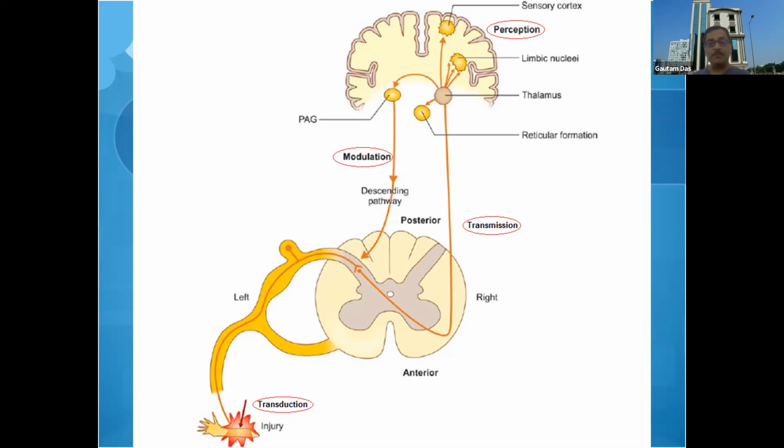If you're allowing somebody to feel pain for a longer time, the descending inhibitory pathway gets exhausted. The stores of norepinephrine and serotonin will be depleted, and the natural pain inhibition process will be gradually exhausted, and I'm feeling more pain even if the pathology is remaining the same.